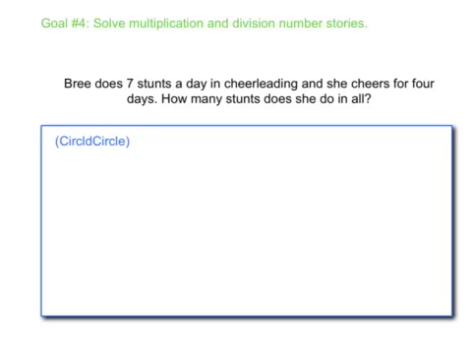Goal number 4 is solve multiplication and division number stories. Here is your problem. Bree does 7 stunts a day in cheerleading and she cheers for 4 days. How many stunts does she do in all? Here are the 3 things you need to do. 1, circle whether it's multiplication or division. Think about our key phrase. There's a very important key phrase in here.